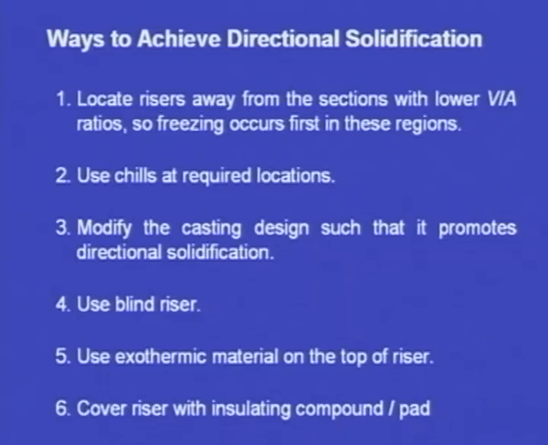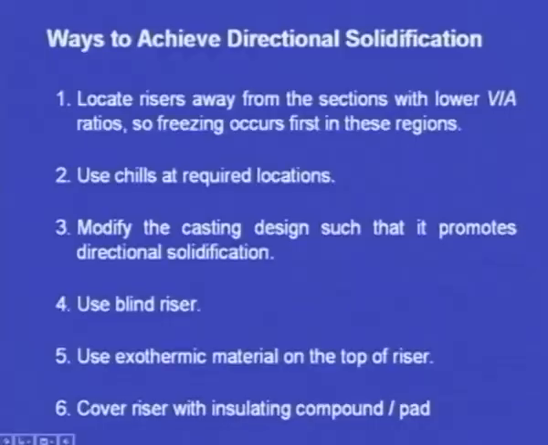If a section has got lower volume by area ratio, means the surface area is more, that will be freezing much earlier, then shrinkage will not be present. So, the riser should be located away from the sections with lower volume by area ratio.